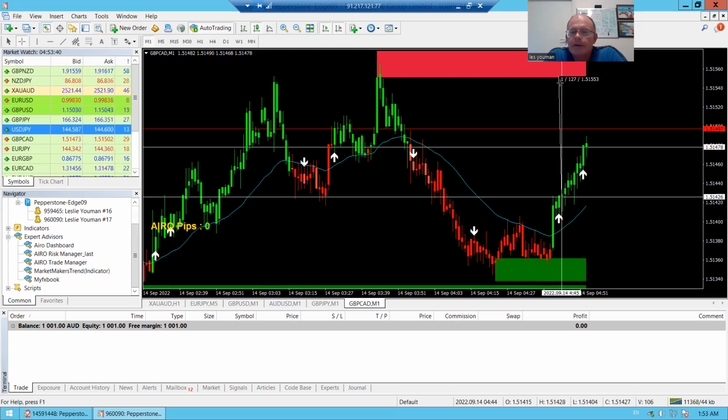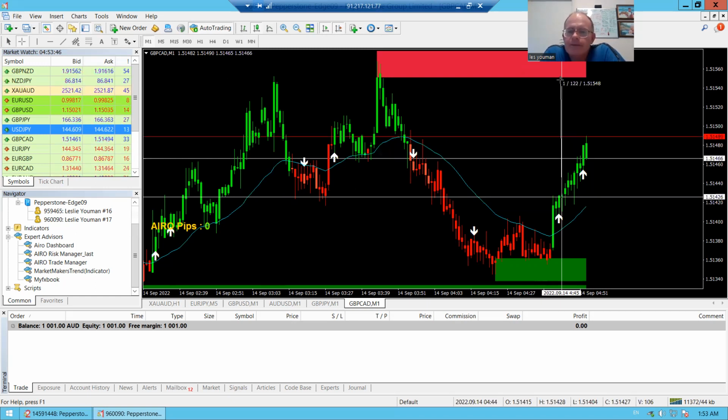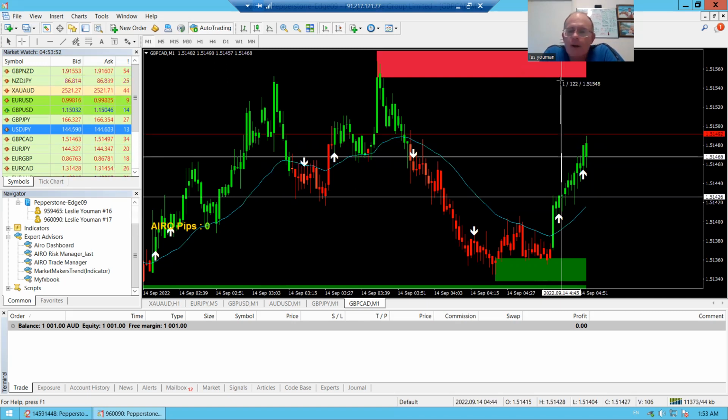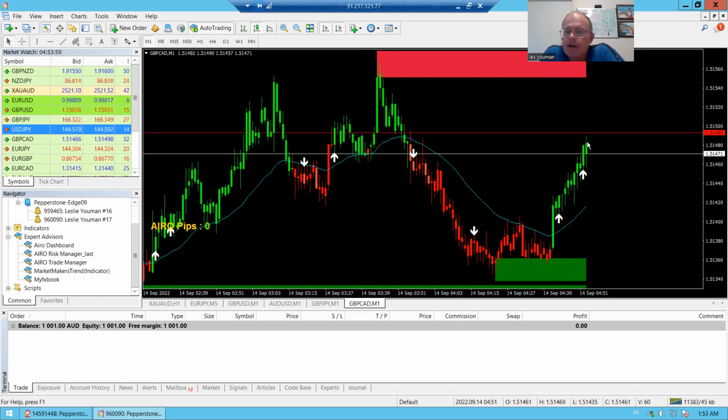Here's another thing to keep in mind. That's fine. So that's 12 pips. So on the 1 minute time frame, that would have been a potential trade, I think. And as you can see, it did go straight into profit.